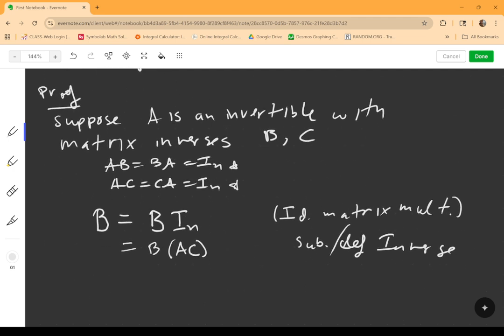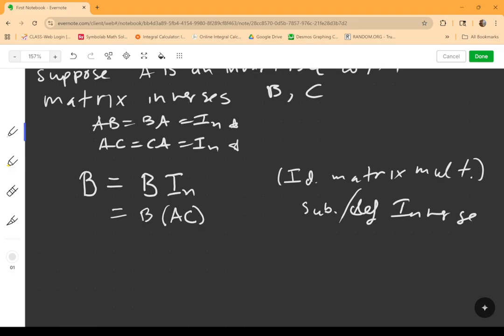Now I also know that these are all square matrices, they all are n by n, so I can associate them and the product is still defined. So, associativity. As you work through your own proofs, you don't need to remember the exact wording of the theorem, just the property itself; you can describe it, and that's just as good. Now let's do another substitution.